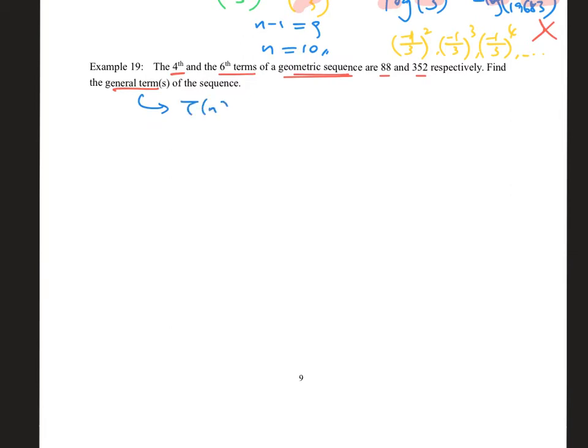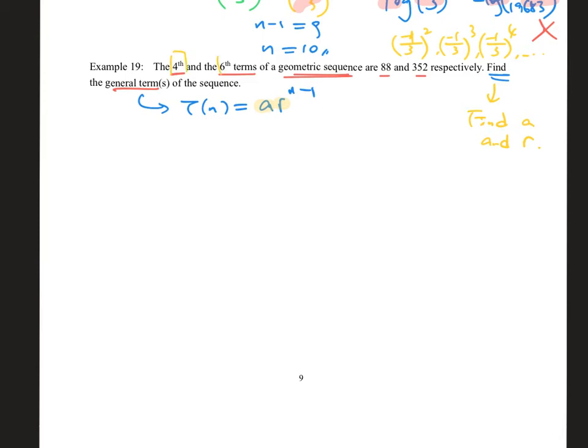First of all, you need to write the formula, which is a r to the power n minus 1. In order to find the general term, the question is requiring you to find a and r. So the problem is not just finding the general term itself, but finding a and r.